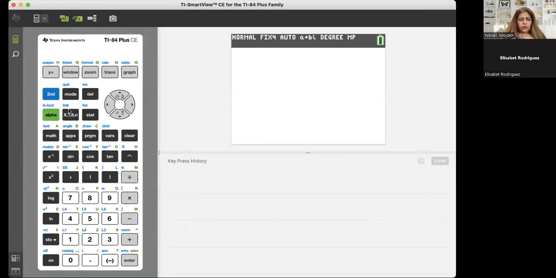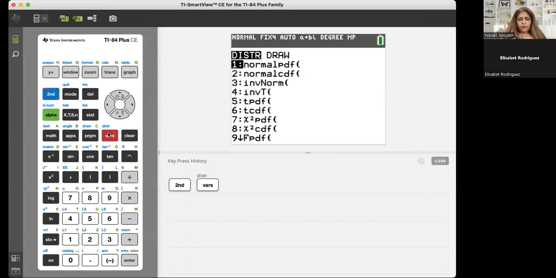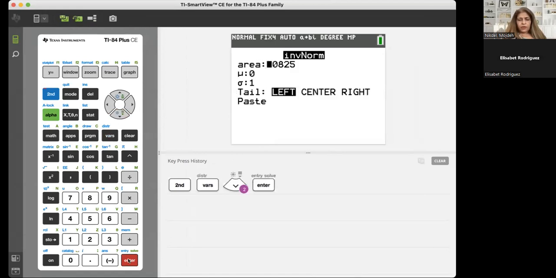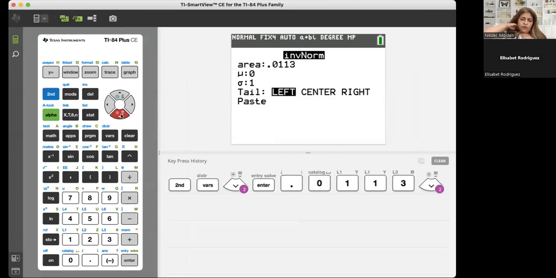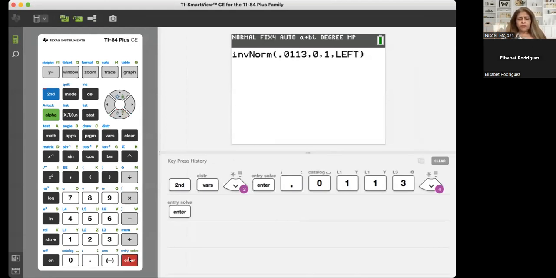Okay, so you go to distribution. Inverse norm is item number 3. Area is 0.0113. That's for inverse norm. If you have a tail, you put the left tail. If you don't have any tail, don't worry about it. The answer is negative 2.2801, round to 2 decimal places, negative 2.28.